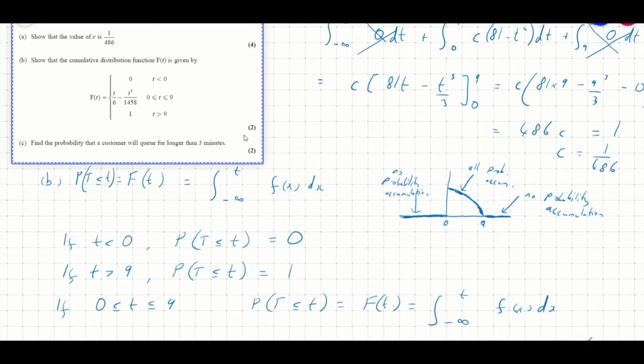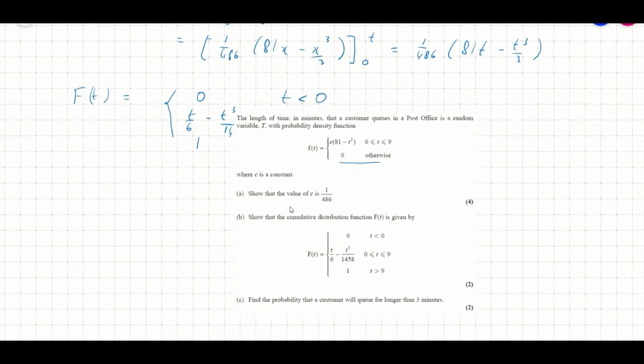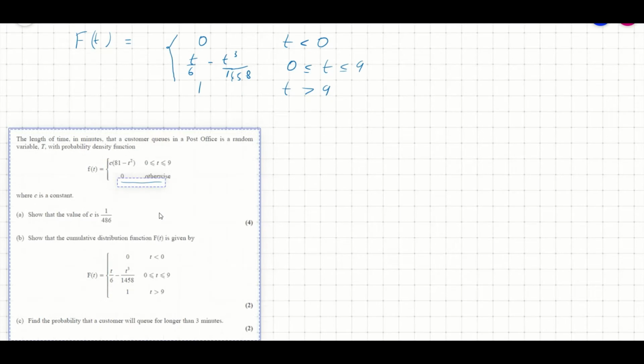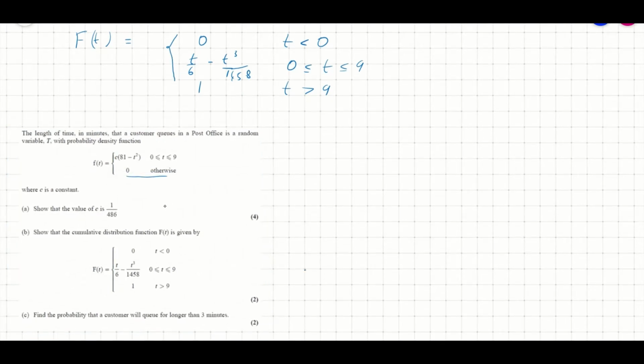So finally, we're just going to look at this final part, the probability that the customer queues for longer than 3 minutes. So this is part C. Well, this is the probability that T is greater than 3. Well, that's 1 minus the probability that T is less than or equal to 3, which is 1 minus F(3).